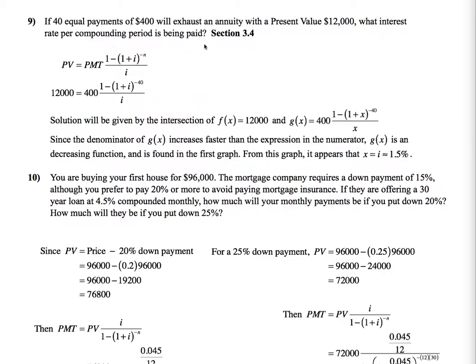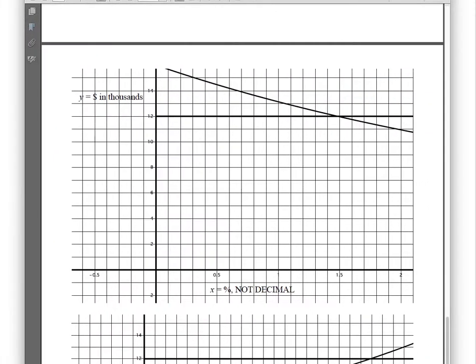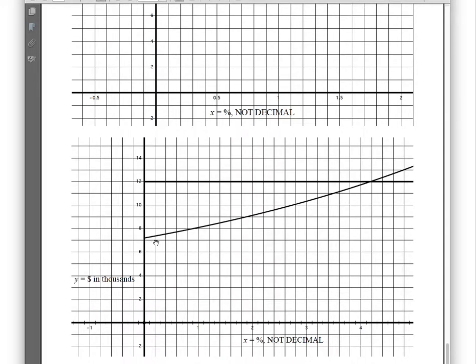We want to find out the interest rate that exhausts the present value. So present value decreases. That's a very awkward explanation, but the bottom line is present value is a decreasing function and future value is an increasing function.